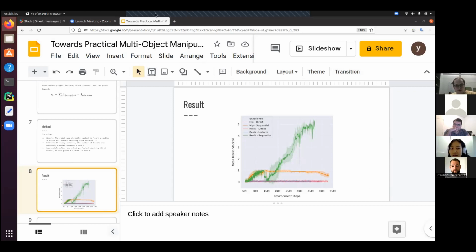Okay. So why is there a drop in the performance of this method after learning to put one block? The green line. You mean this part? Yes, yes.